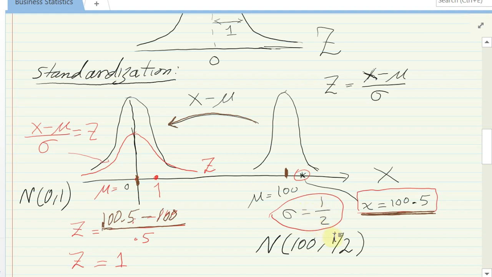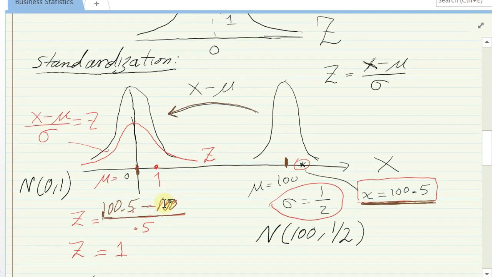One deviation is 0.5, the score is 100.5, so that means the score of 100.5 is 1 deviation above the mean. Once I standardized it, notice it's still 1 deviation above. Z equal 1 means 1 deviation above the mean.